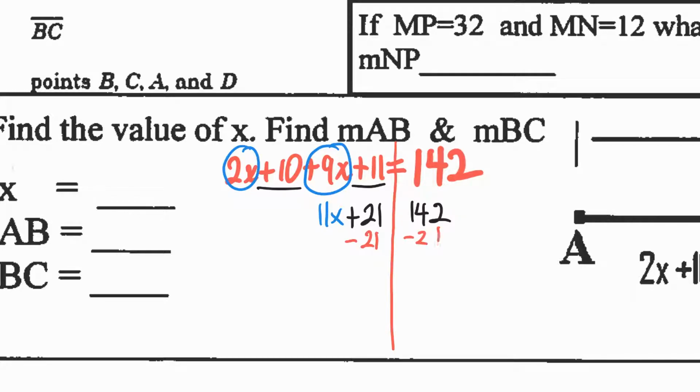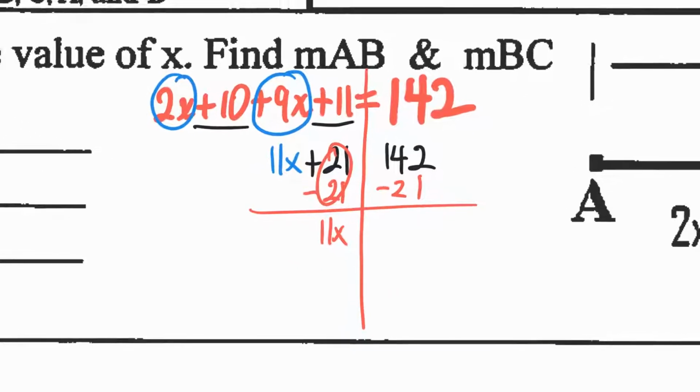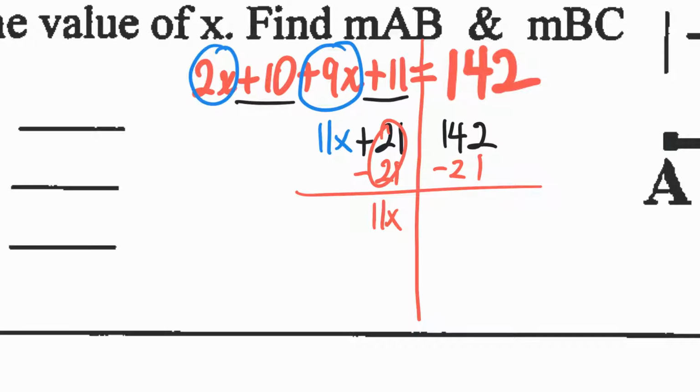Subtract 21. These zero out, that leaves 11x equals, well, it equals 121. Then what do we do? Divide by 11 on both sides. That way these 11s turn into a 1. We get 1x equals 11, so x equals 11.